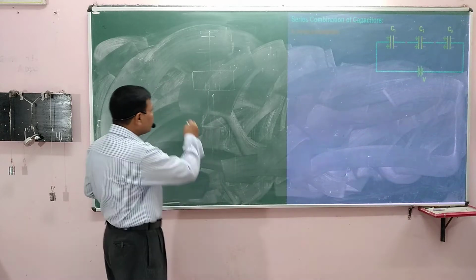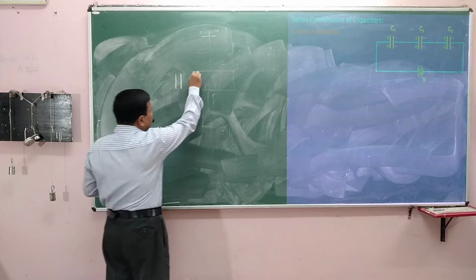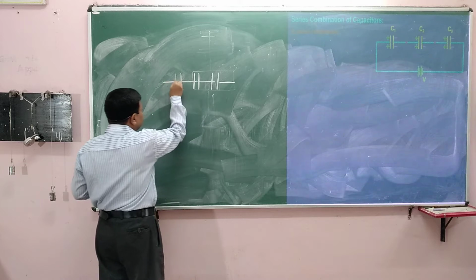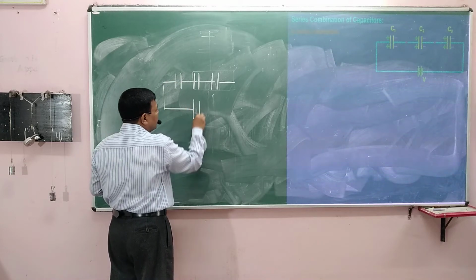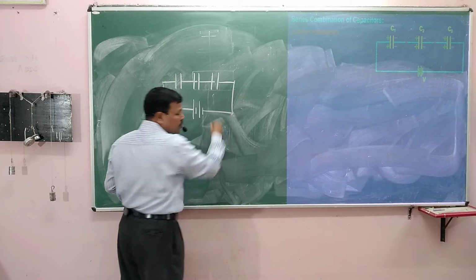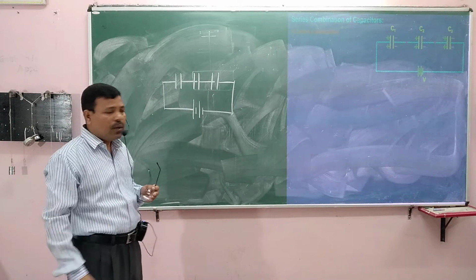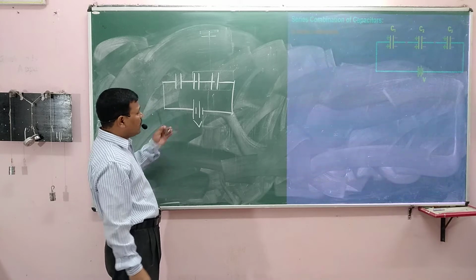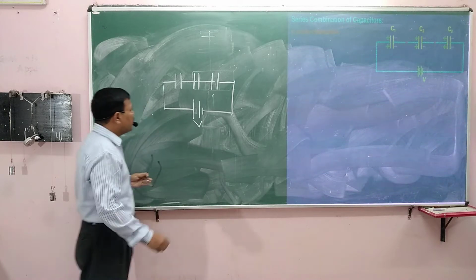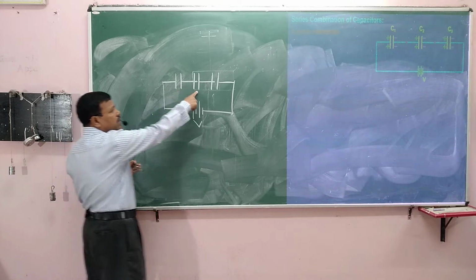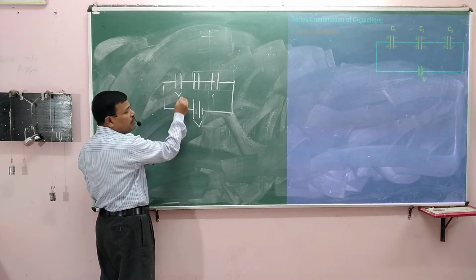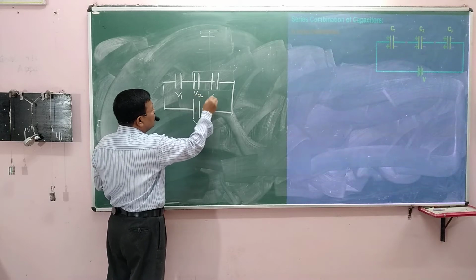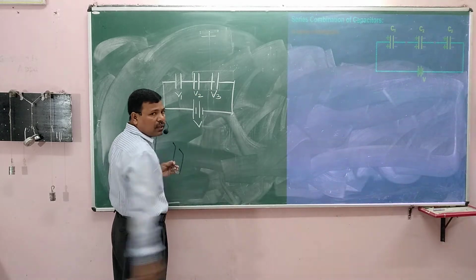Fine. Look here, 3 capacitors are connected in series, and in turn they are connected to a source of electricity whose potential difference is V. As I have told you, across each capacitor, potential difference is different: V1, V2, V3.